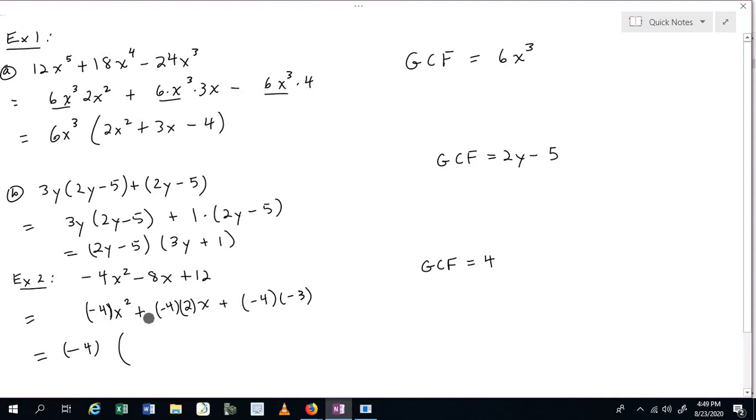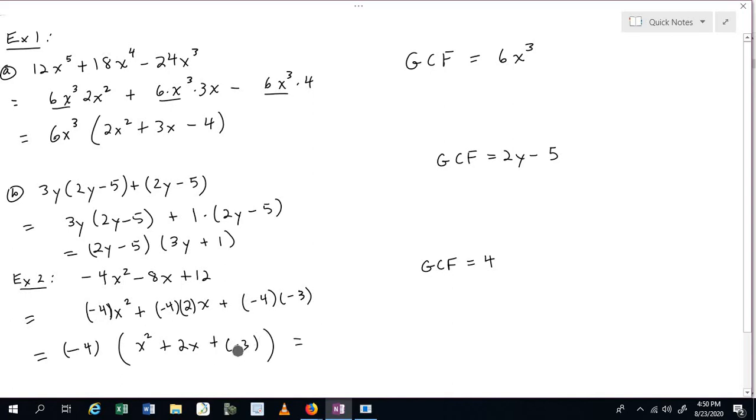This makes it clear what you're left with. You're left with x squared. Here you're left with 2x. And here you're left with plus a negative 3. Actually, I need to put parentheses, so plus a negative number, plus a negative 3. Let's put parentheses around that.